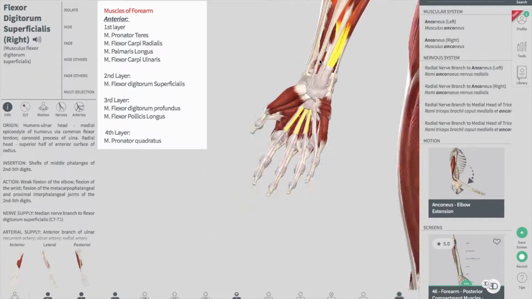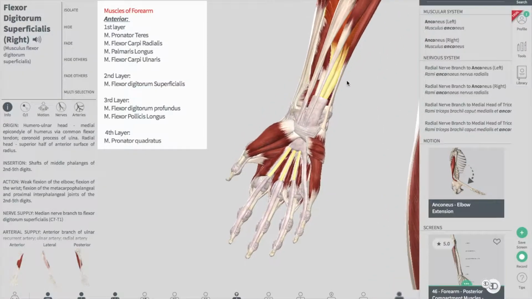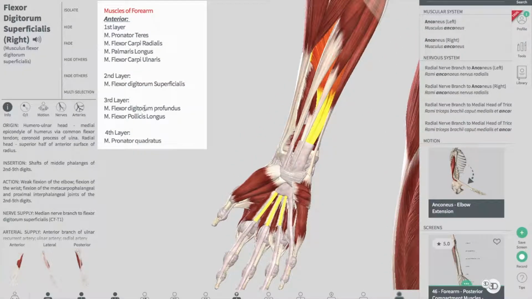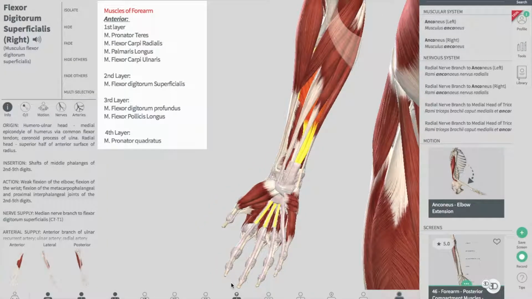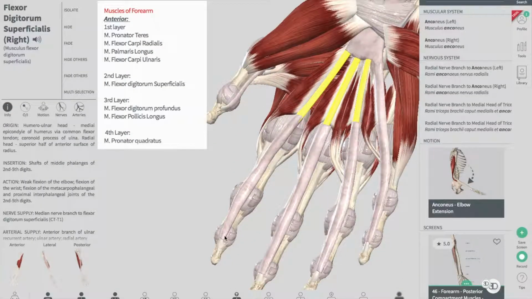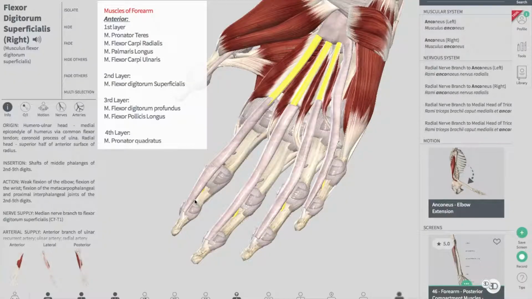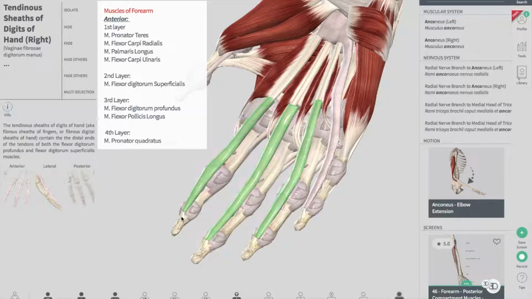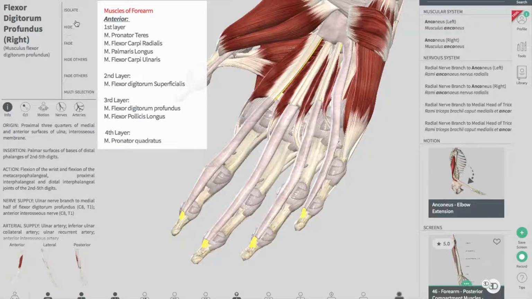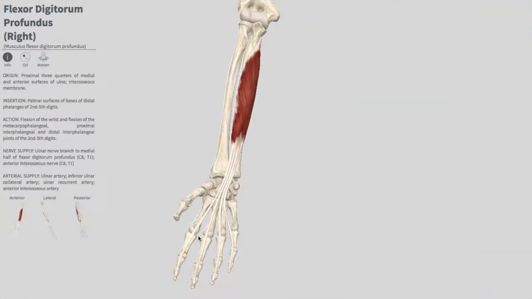And then we go over to the third layer, which is going to be the musculus flexor digitorum profundus. It's going to lie right underneath the superficialis. And this muscle extends all the way to the phalanges distalis also. Let's see if I can highlight it here. Flexor profundus, here we go. Here is the muscle.